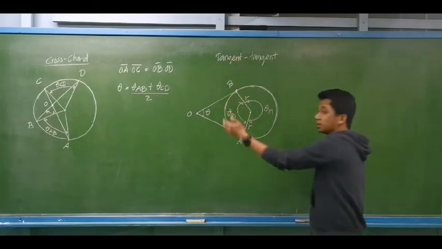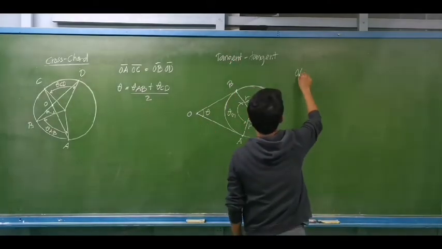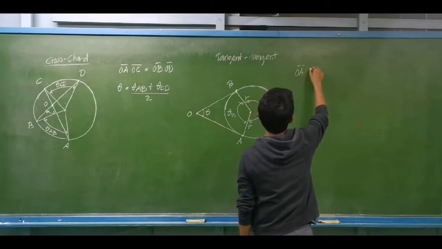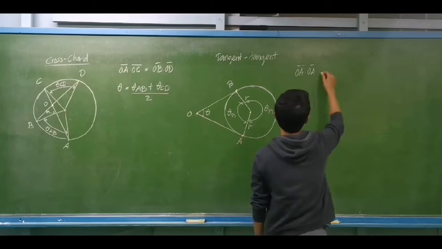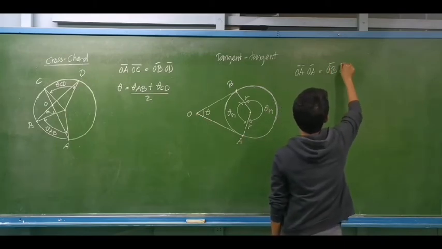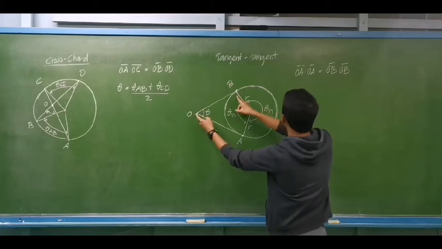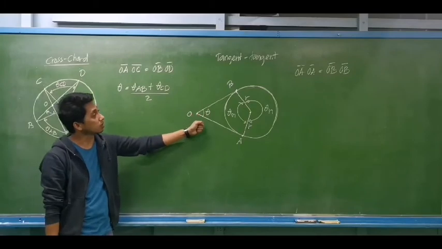Kapag tangent-tangent, medyo redundant, paulit-ulit. So yung distance OA times distance OA, equal to distance OB multiplied by distance OB. So, ganun si tangent. Okay?